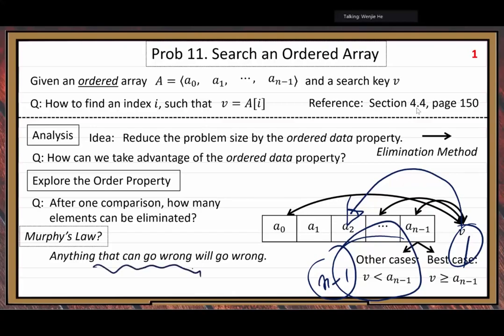Go wrong in our context here means, yeah, very good. The element V appears in the worst case.